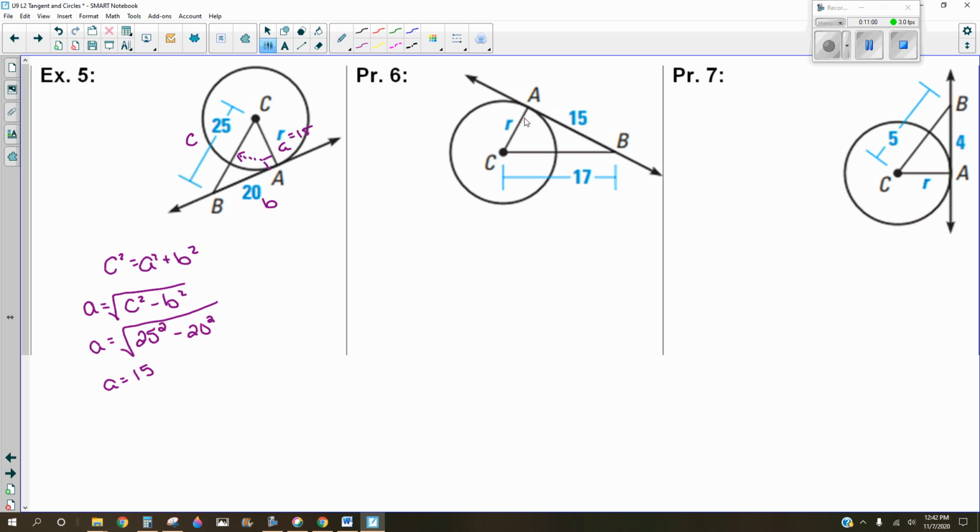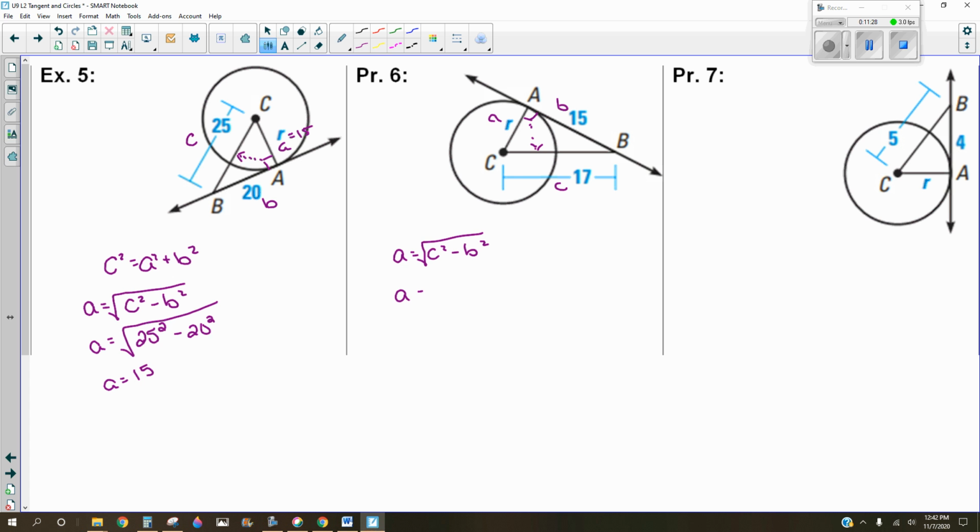So we have a right triangle. We know this is a right angle because we know this is tangent. Okay, I'm telling you that right now. It is tangent. So that means this is my C, this is my A, this is my B. I'm missing my A. So from the Pythagorean theorem chapter, we're going to do this.